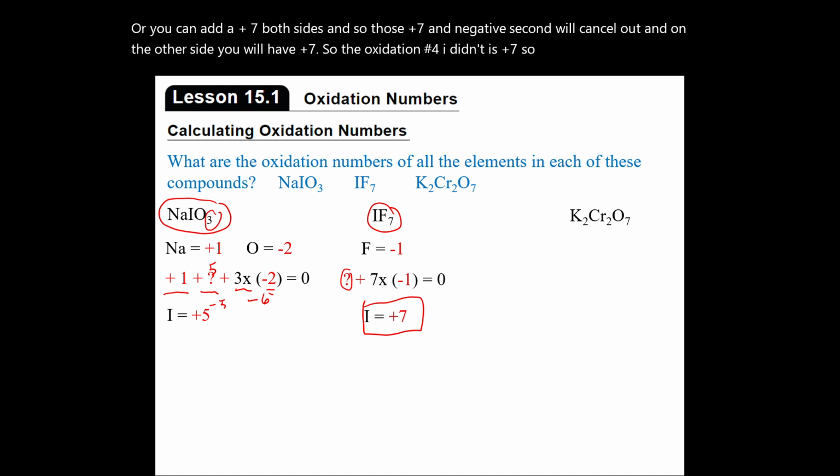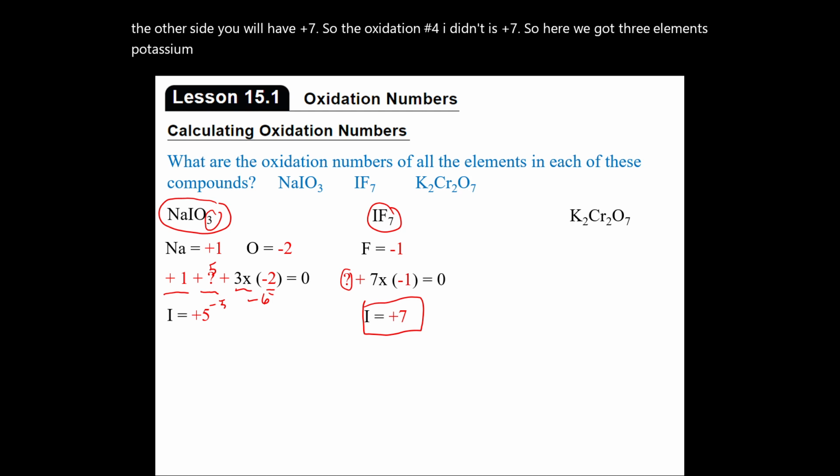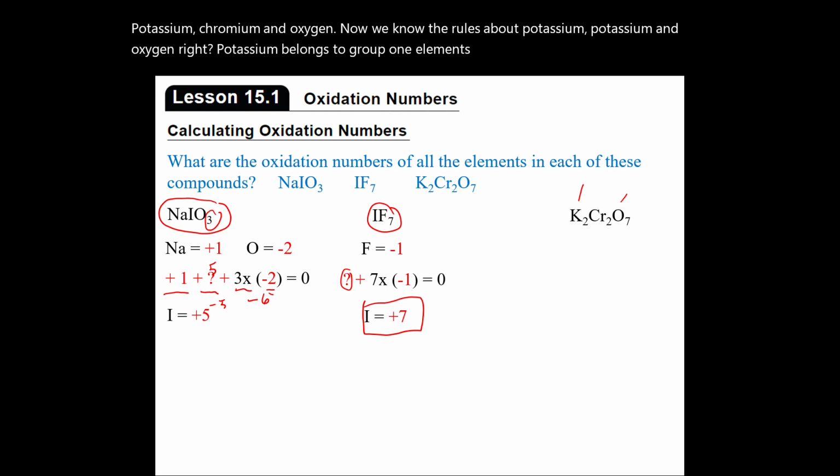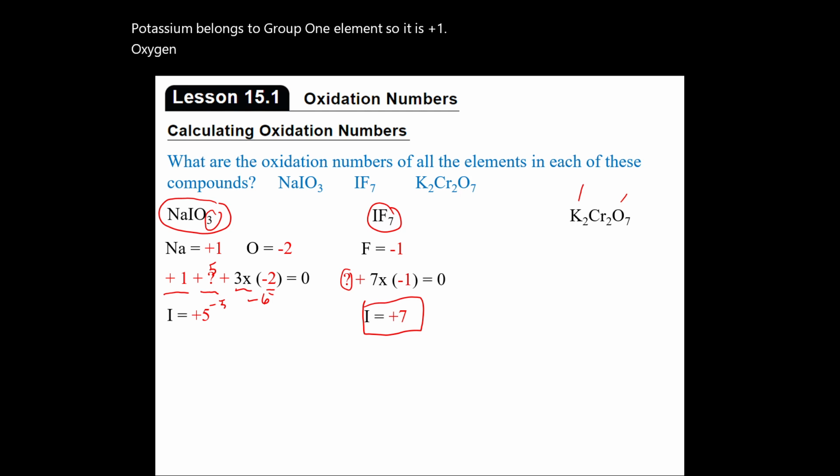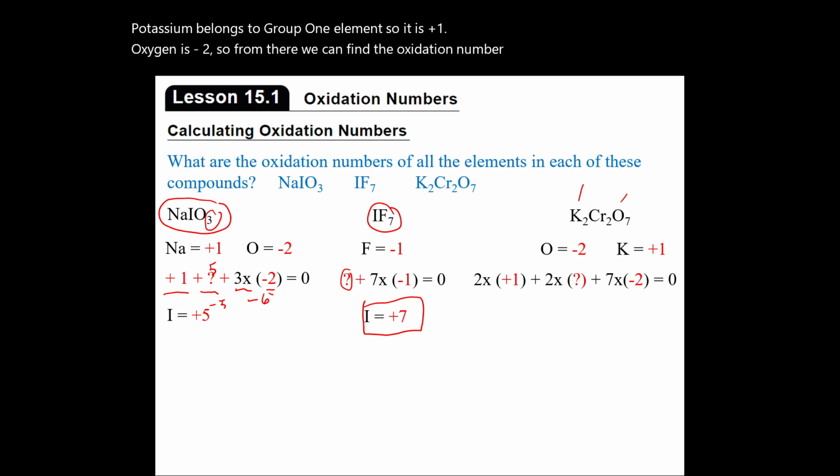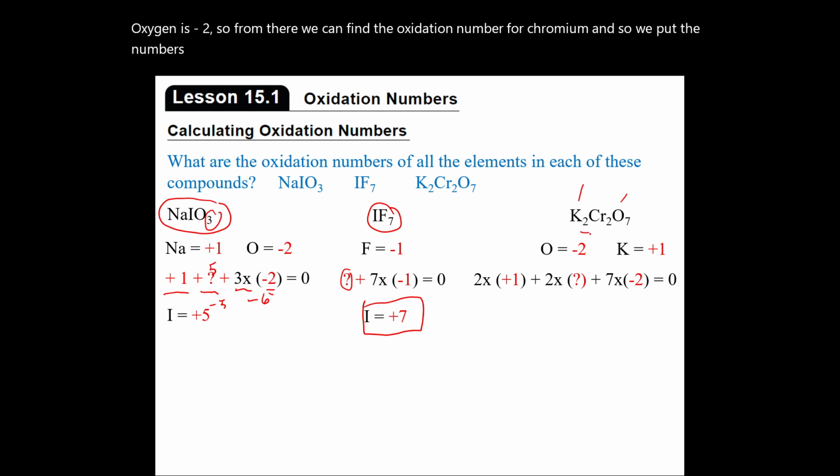So here we got 3 elements: potassium, chromium, and oxygen. Now we know the rules about potassium and oxygen, right? Potassium belongs to group 1, so it is +1. Oxygen is -2. So from there we can find the oxidation number for chromium. And so we put the numbers. We got 2 potassiums, so each one is +1.